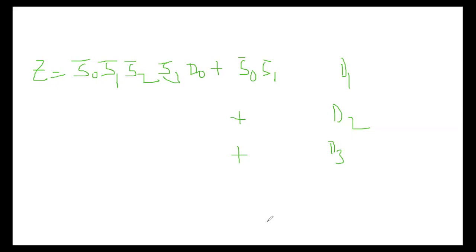So to draw the logical diagram of a 16x1 MUX, it requires 4 inverters, 16 AND gates of 4 input, and a 16 input OR gate, simply.